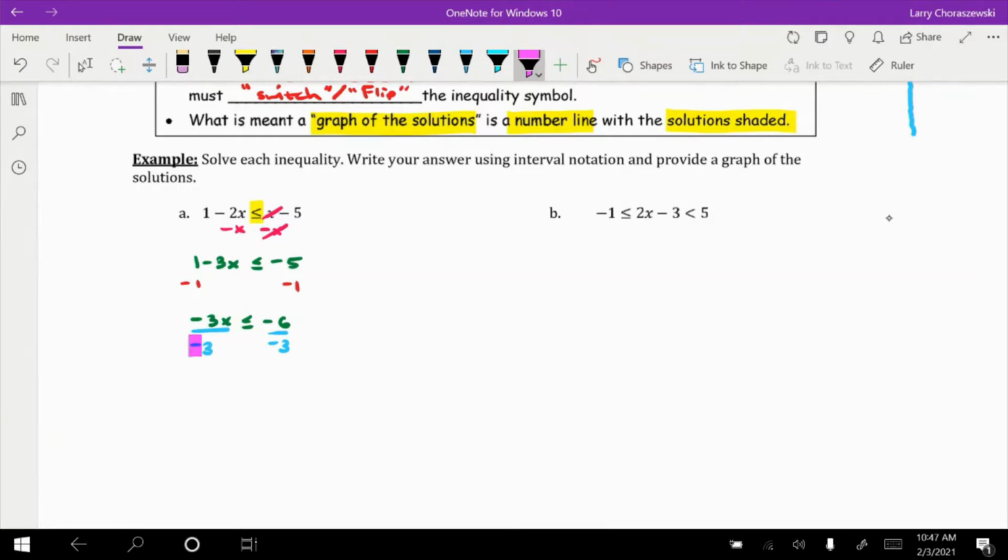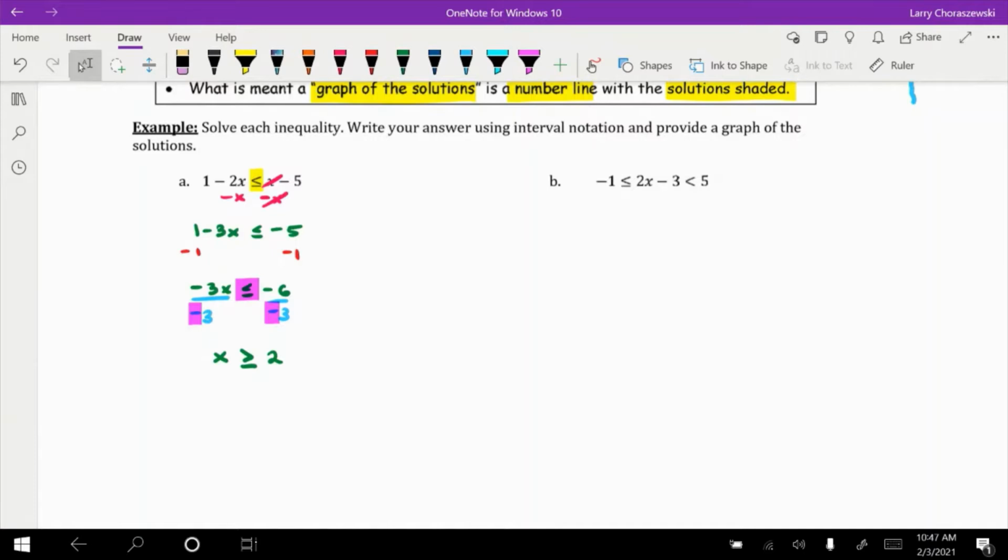Now, notice that we divided by a negative number. That means we're going to have to flip this symbol. So it's no longer a less than or equal to, it becomes a greater than or equal to. On the left, things simplify to x, and on the right, things simplify to 2.